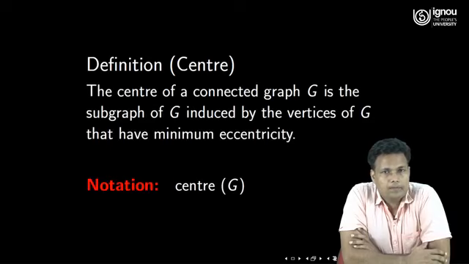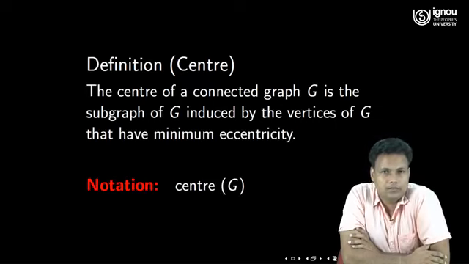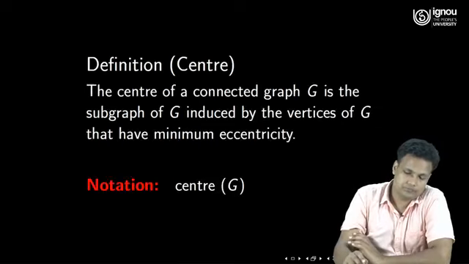Now, eccentricity gives us the concept of center. The center of a connected graph G is the subgraph of G induced by the vertices of G that have minimum eccentricity, and we shall use Center(G) to denote the center of G. So, Center(G) contains all those vertices which have minimum eccentricity.